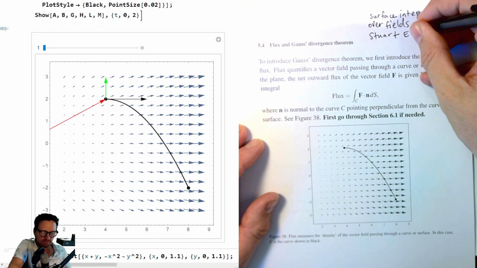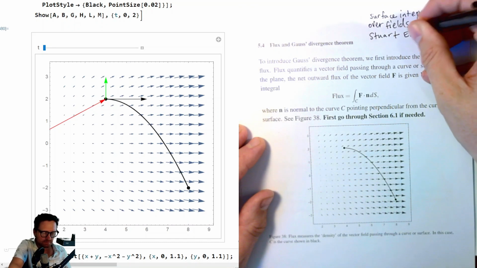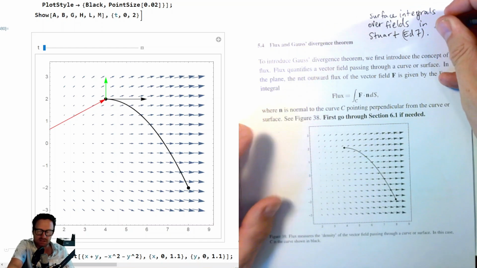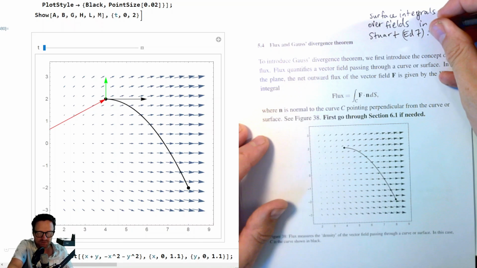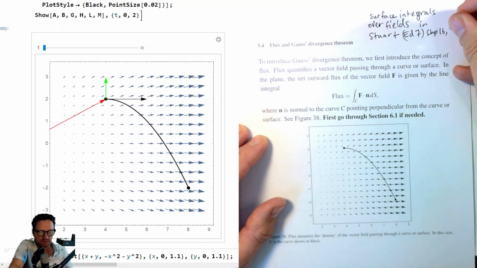I use the 7th edition. And in the 7th edition, it's around chapter 16, page 1140.